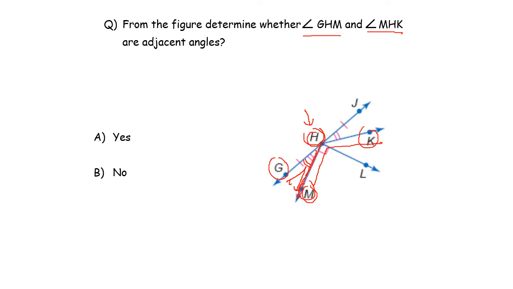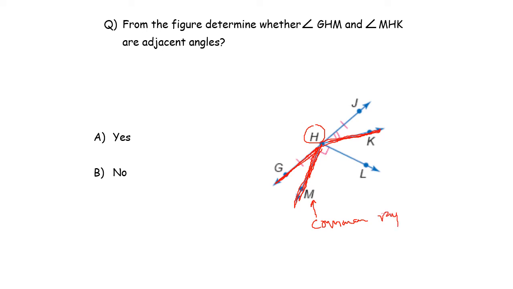If I clean the diagram and explain again, in these two angles there is a common vertex and HM is the common ray. So therefore they are adjacent. So the answer is yes, they are adjacent to each other.